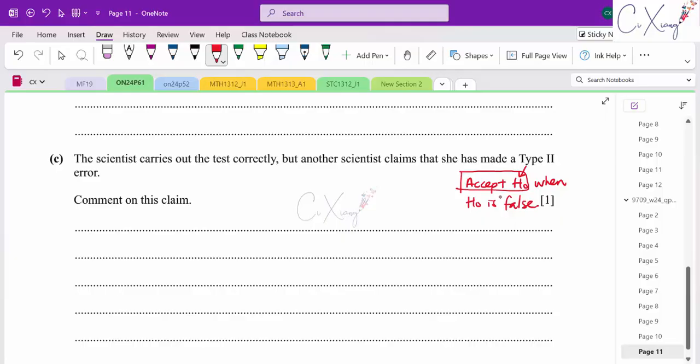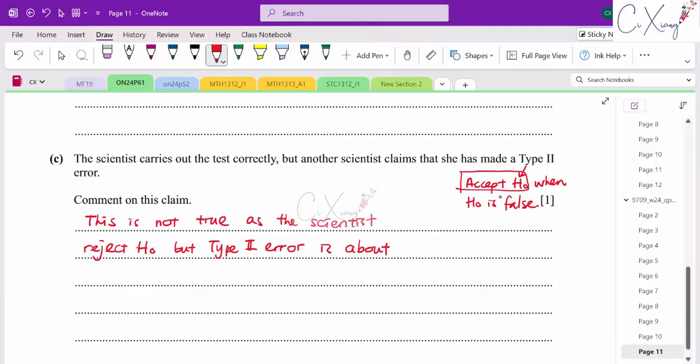So if I want to comment on this, how should I comment? You can just tell them that this is not true. As the scientist rejects the null hypothesis, but type 2 error is about accepting the null hypothesis when the null hypothesis is false.